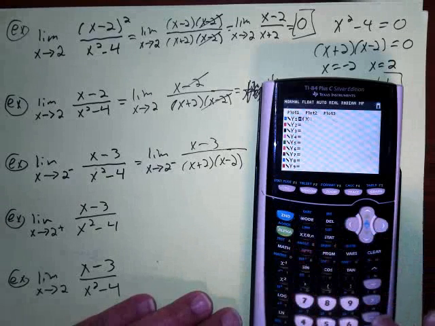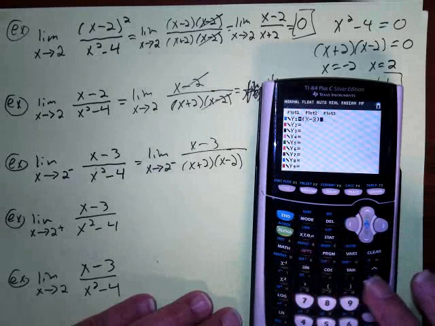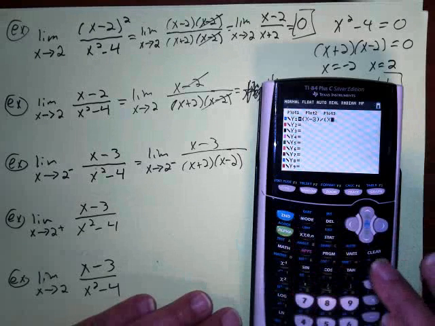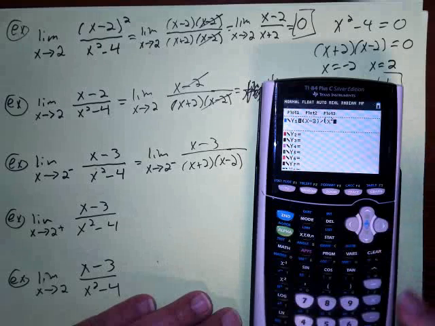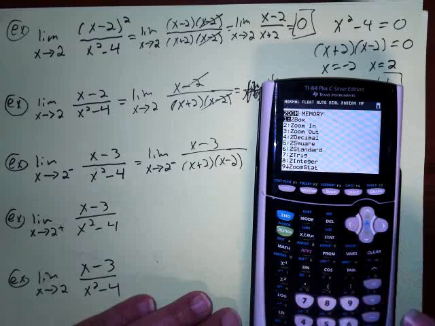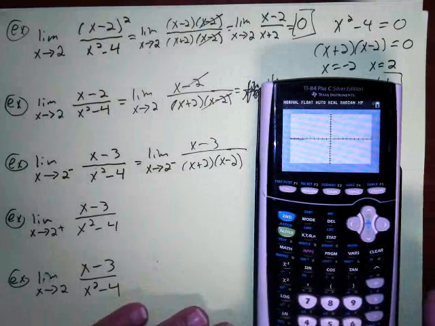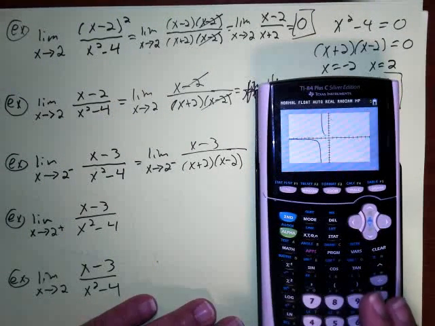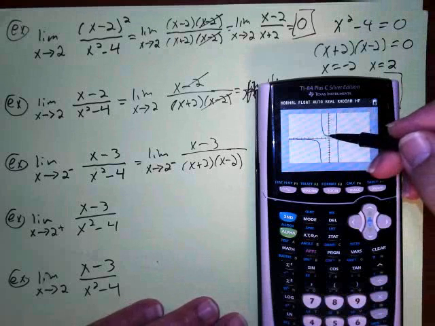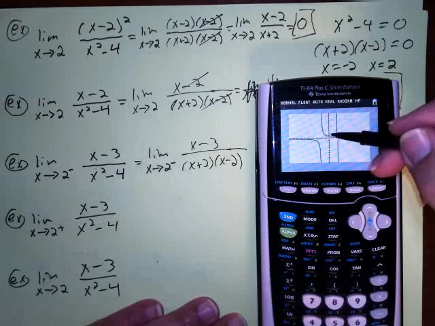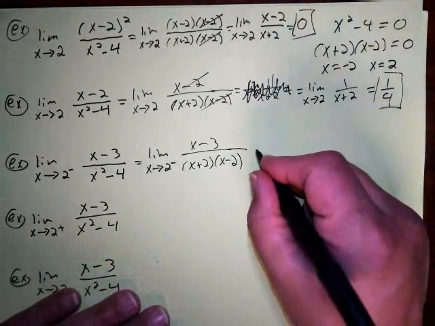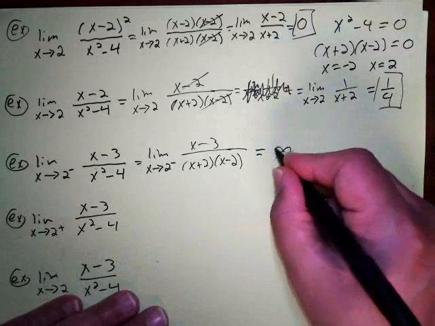So x minus 3 divided by x squared minus 4. I'll do a standard window. And yes, as we approach, oh, wait, nope, I was wrong. As we approach 2 from the negative side, this goes to positive infinity. Okay? This goes to positive infinity.